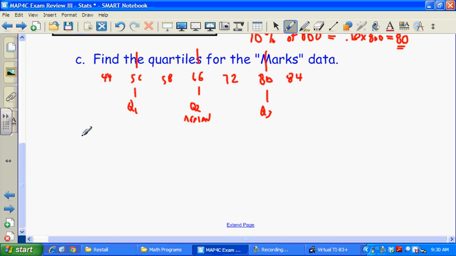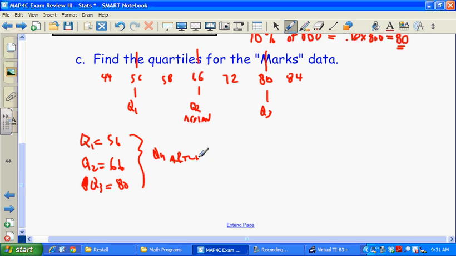So my first quartile is 56, Q2 is 66, and Q3 is 80. And then these together are the quartiles. There, good.